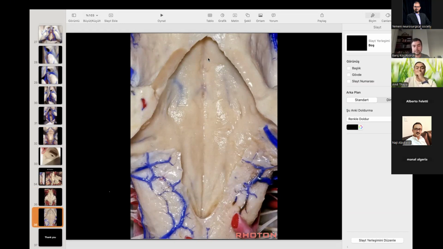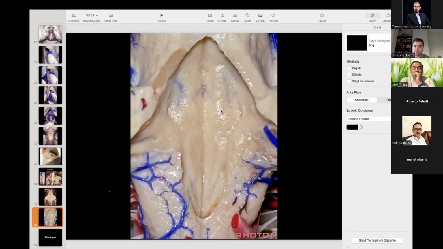From superior to inferior, there are several structures. First, I want to mention the median sulcus along the fourth ventricle. I'm not sure if you see it, but there is some round shape here bilaterally.